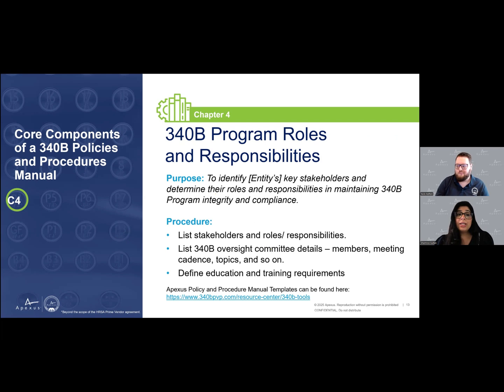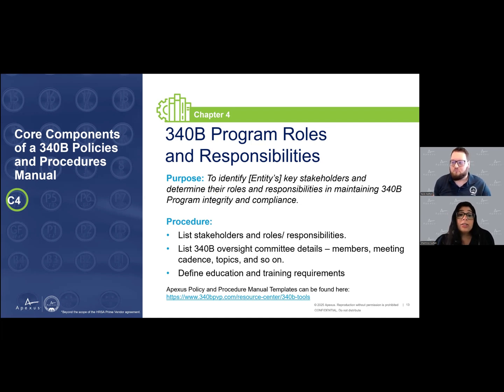In the next section of the policies and procedures, the entity has an opportunity to highlight their 340B team, their role and responsibilities towards implementation of a compliant 340B program. This will be the section where entities will also discuss details of the 340B Oversight Committee, including who is on the committee, the cadence in which the committee meets, and various agenda items that are discussed within the Oversight Committee.